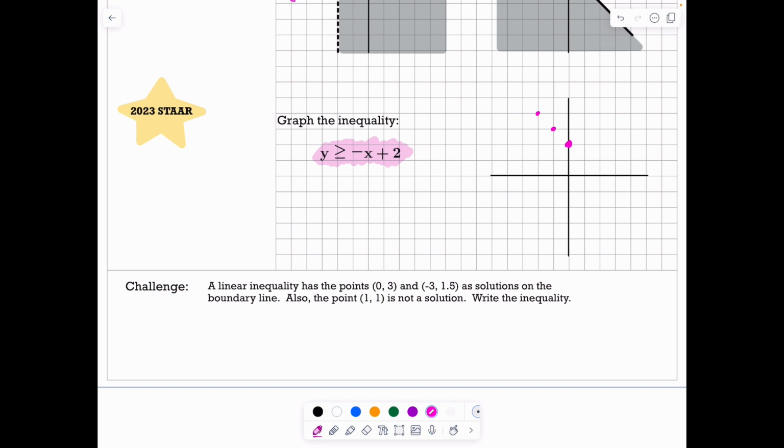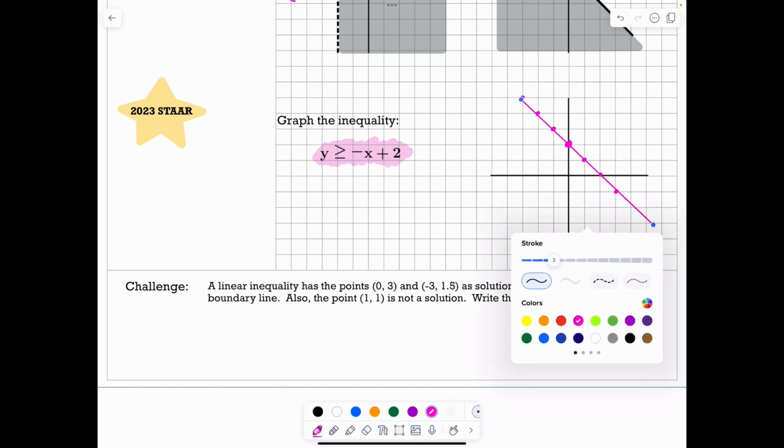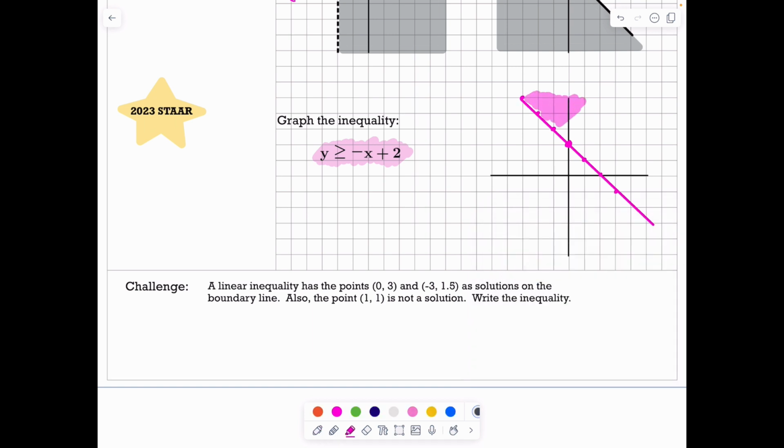So up 1 and over 1 to the left, or down 1 and over 1 to the right. Solid line, shaded above. Bam. All right. One problem to go, and we are all done here.